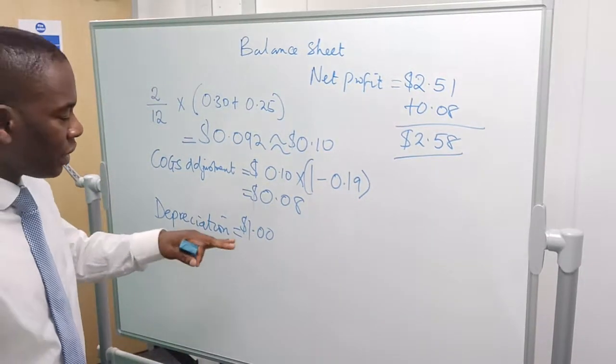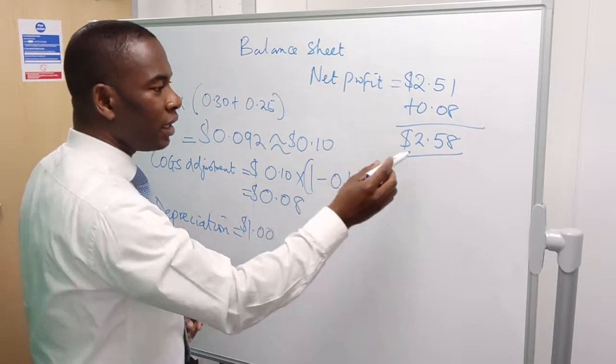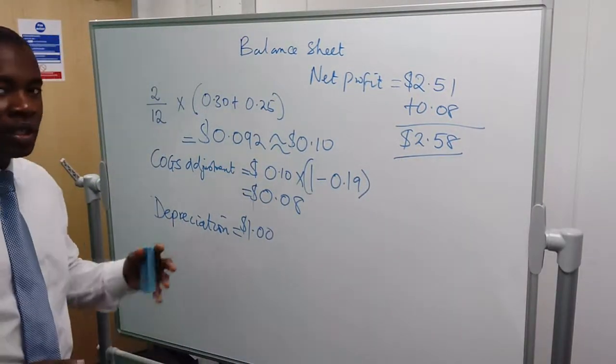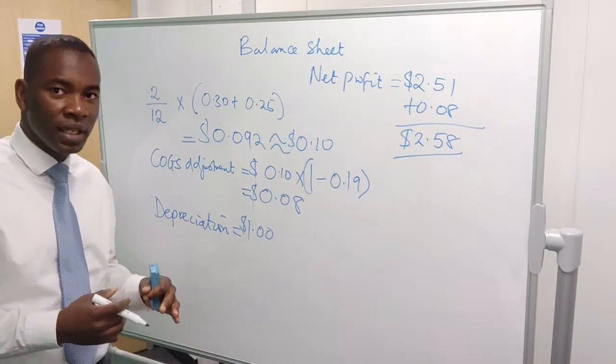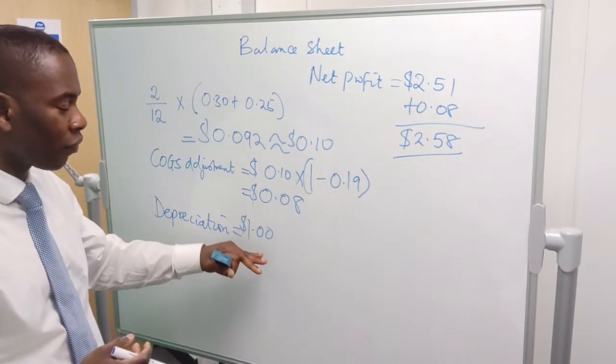If we make these adjustments on the net profit, it's going to actually decrease our net profit.